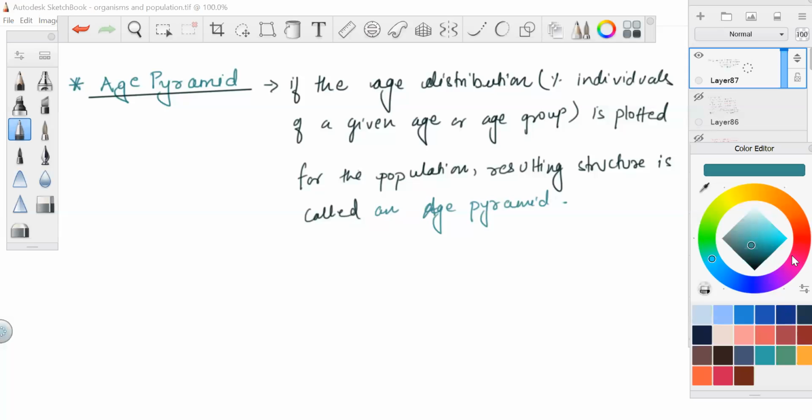For a human population, an age pyramid will show the age distribution of males and females.